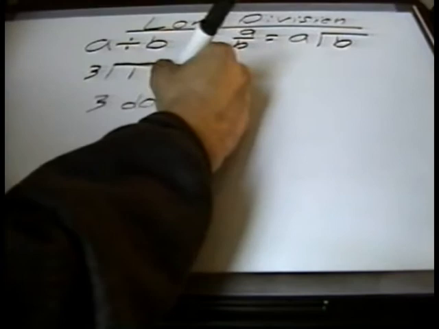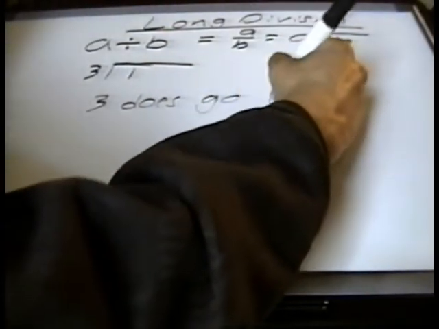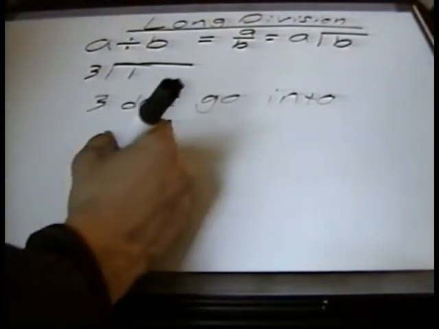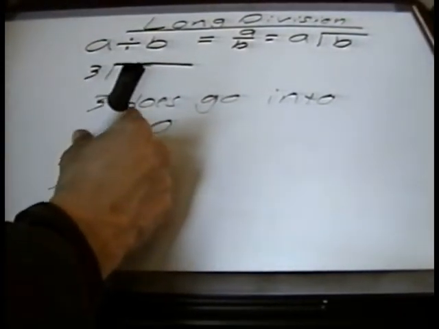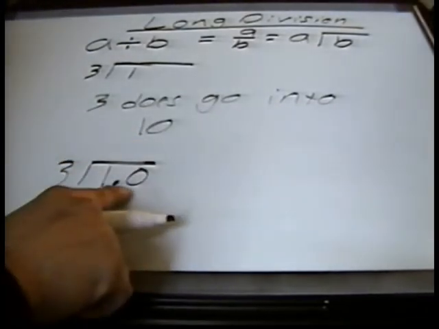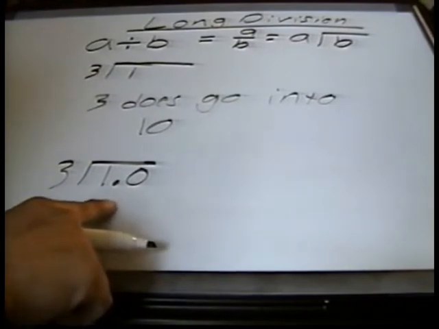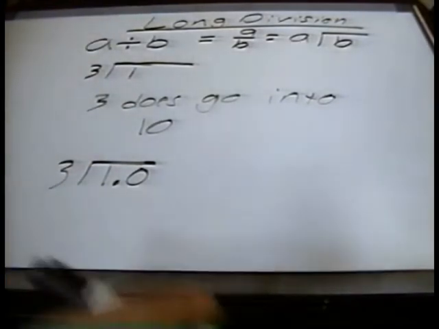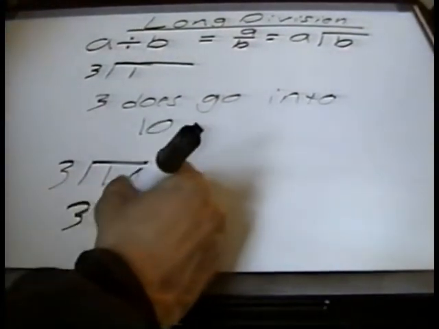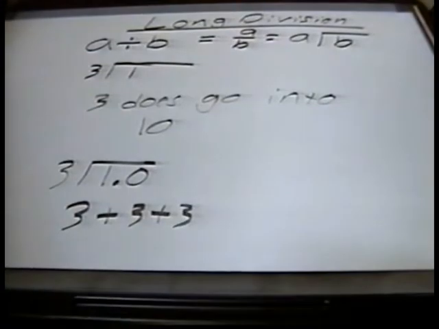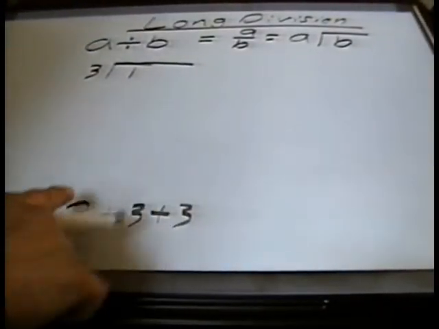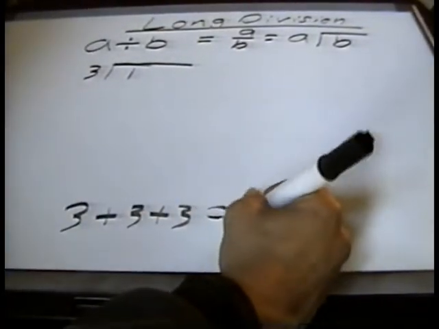Three does go into 10. So now we're going to treat this as a division by 10. 10 divided by 3. Now 3 goes into 10 3 times. It equals 9.